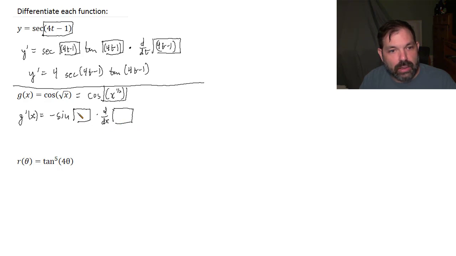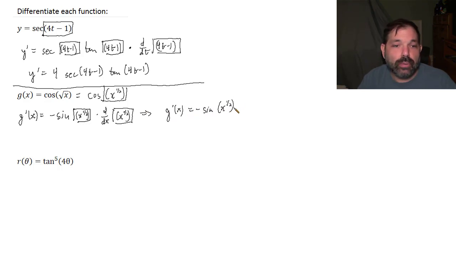So negative sine of x to the 1/2 power, or the square root of x, and then the derivative with respect to x of x to the 1/2 power is 1/2 x to the negative 1/2, just using the power rule that we've learned.